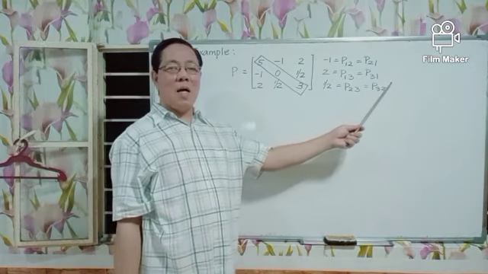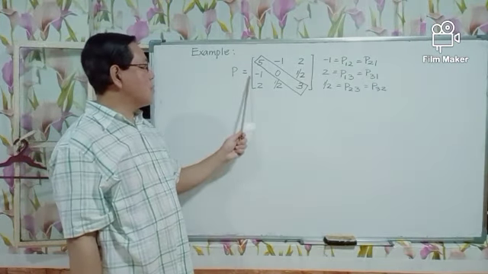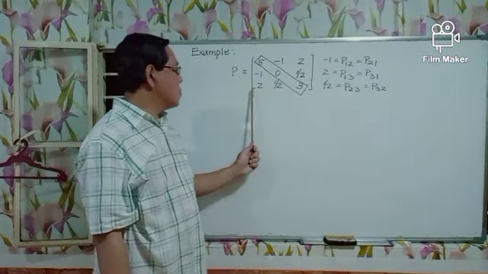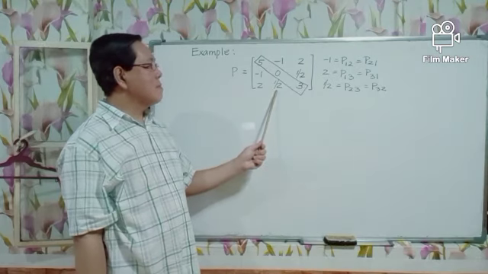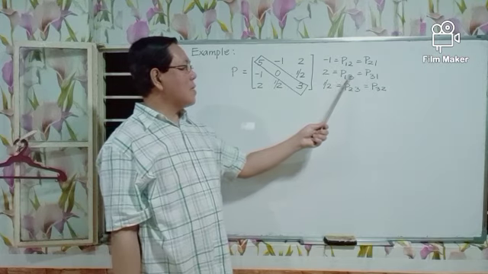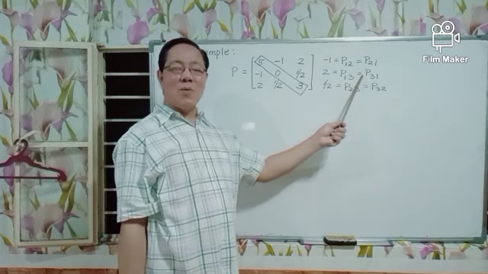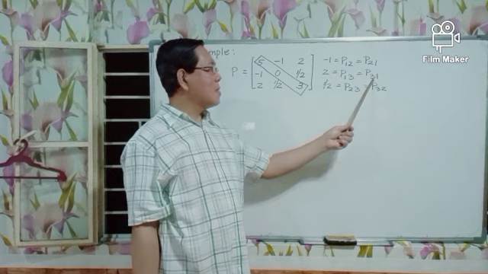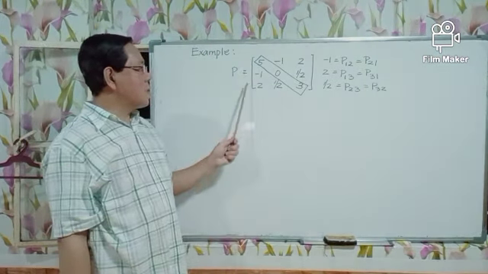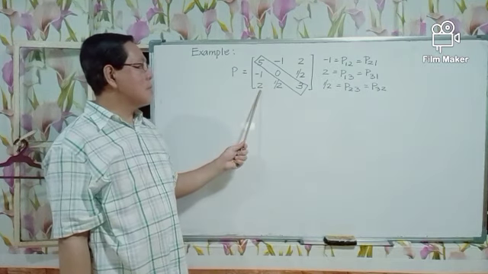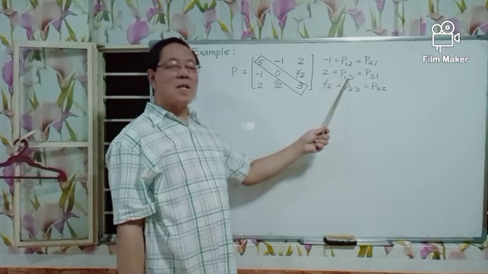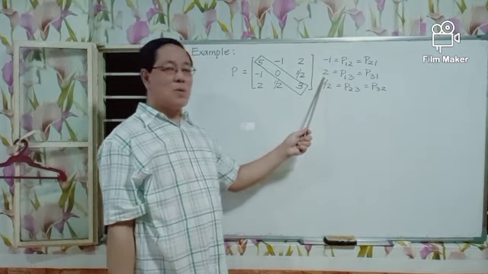P sub 31 is the entry in the third row and first column. We check if 2, the entry in the first row and third column, is equal to the entry in the third row and first column. So P31 is equal to the entry P13, and they are both equal to 2.